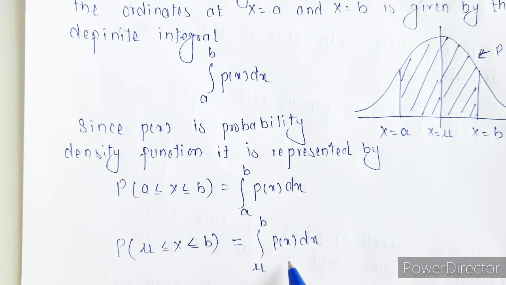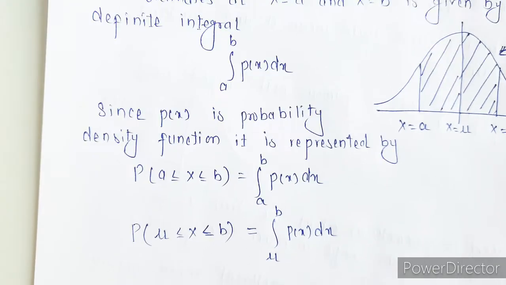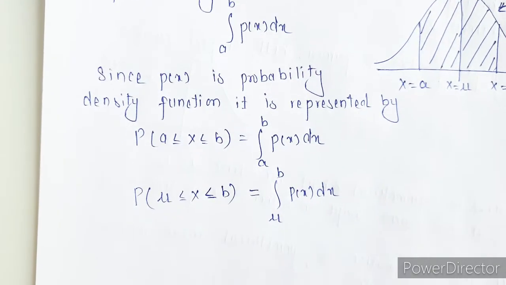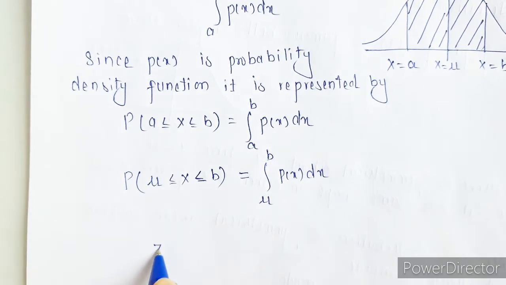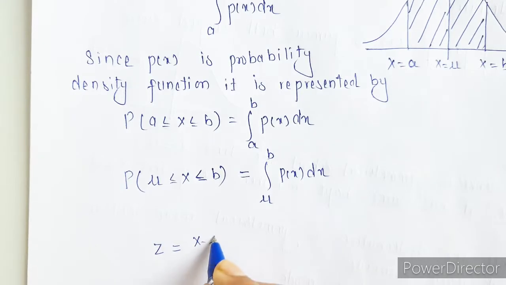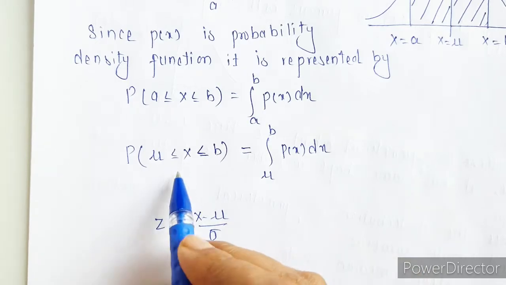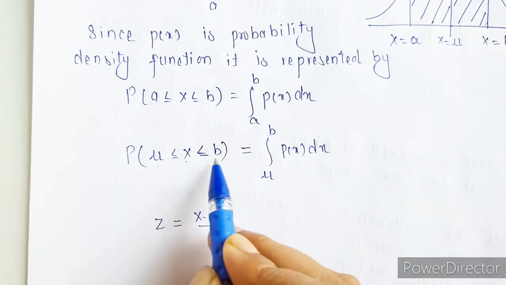And we know that this probability density function can be written using the standard variate. So we can take z equals x minus mu upon sigma. Now in this case x is varying from mu to b.